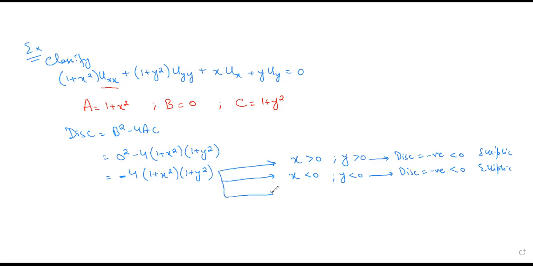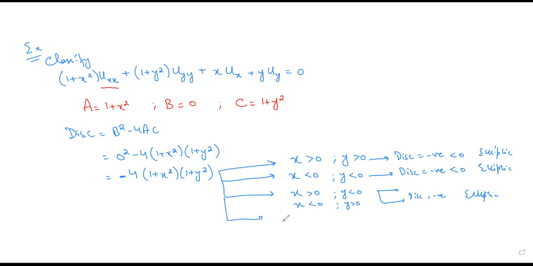Now let's suppose x is positive but y is negative. What will happen? You will obtain the same result. Similarly for the last possibility, x negative and y positive, you get the same result as the discriminant will remain negative. So the equation will be said to be elliptic still.